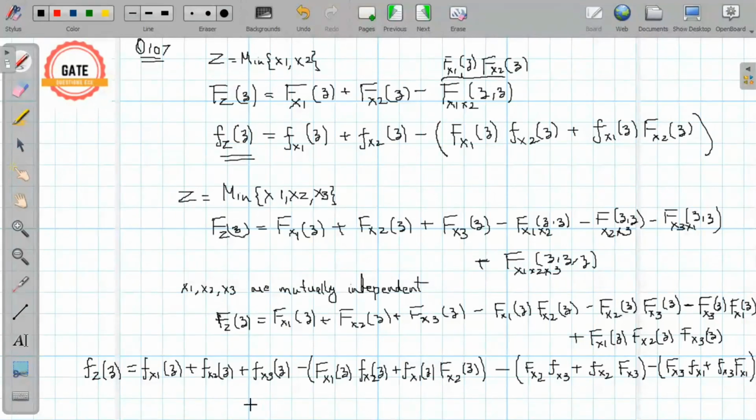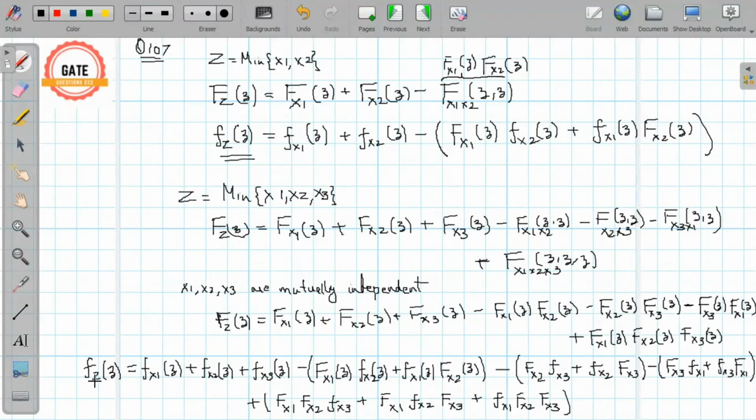And the last term, differentiating this term we will get CDF of x1, CDF of x2 and PDF of x3, plus CDF of x1, PDF of x2 and CDF of x3, plus PDF of x1, CDF of x2 and CDF of x3.